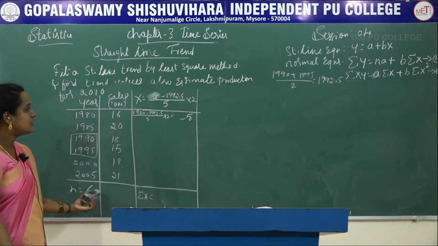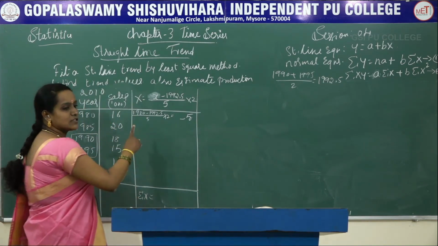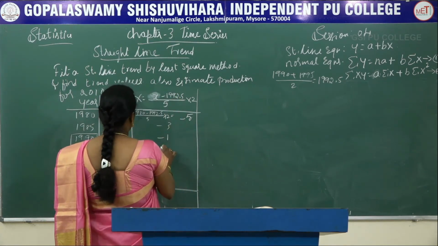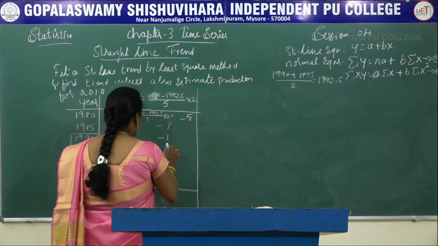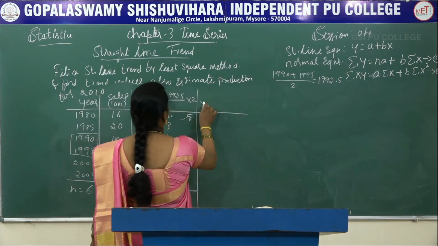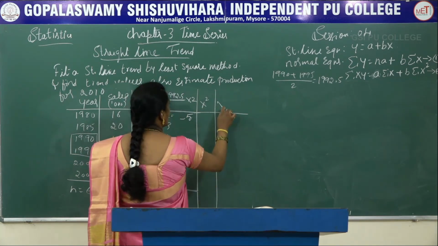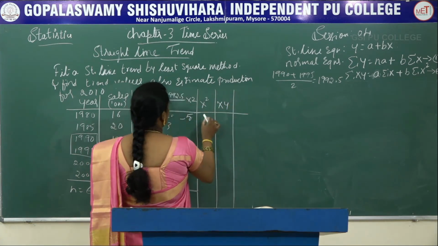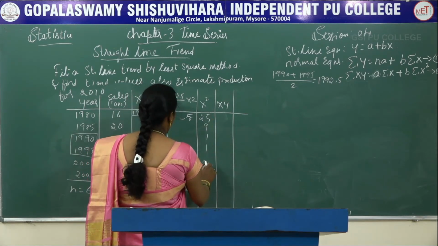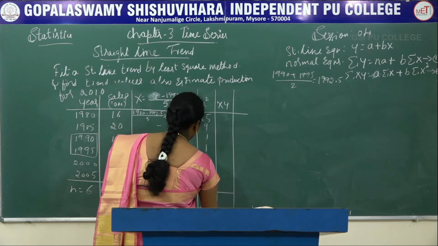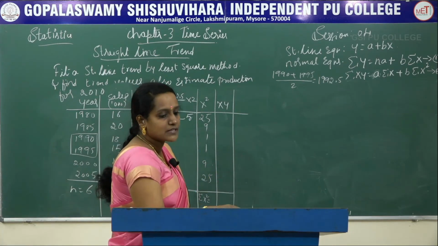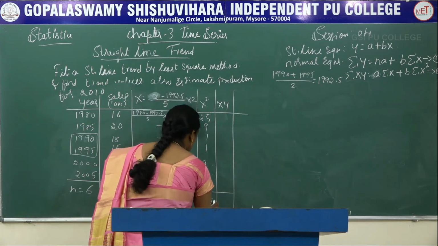Similarly, you can follow the steps for everything. It is minus 5, minus 3, minus 1, 1, 3 and 5, and again the summation is equal to 0. The next columns are x square and x into y. x square is 25, 9, 1, 1, 9, 25, and summation of x square is 70.